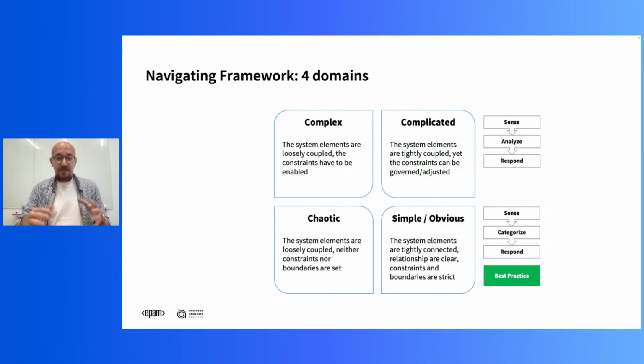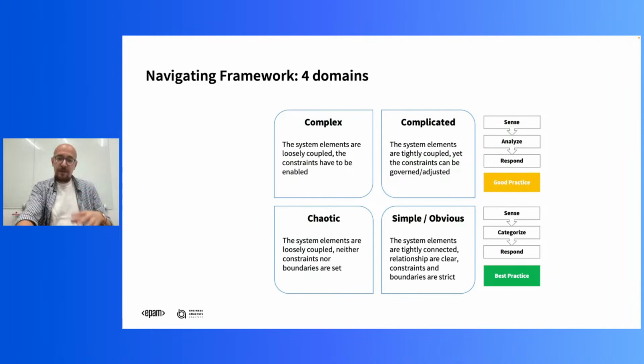So next, speaking of the complicated domain, we don't have solutions yet, but we can analyze the problem, and we can come up with a mix of best practices. Hence, we are talking about sensing, analyzing, and responding. And the response here is what we call the good practice.